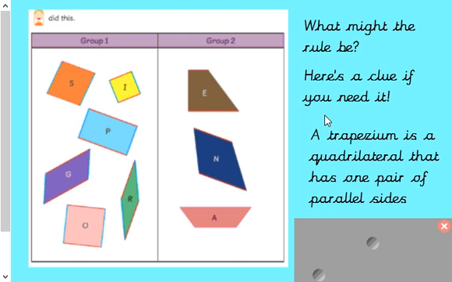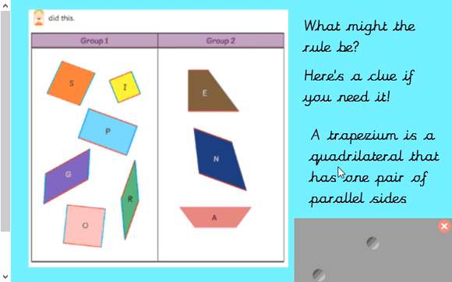When we're talking about parallel sides, they are sides that would never meet. Do you remember we've talked this year about parallel being the same as train tracks? Those train tracks will never meet. They will always stay the same distance apart. So that's a bit of a clue: a trapezium is a quadrilateral that has 1 pair of parallel sides.